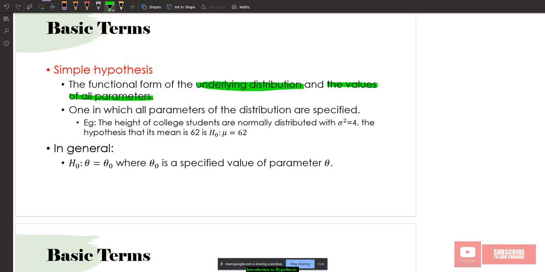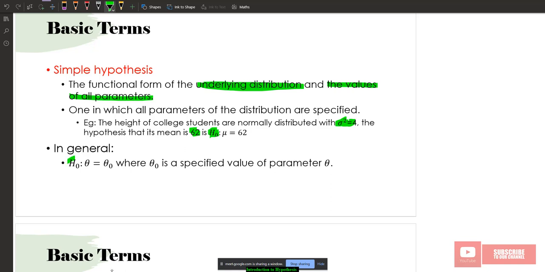For example, this is the symbol for the null hypothesis. Say the variance of height is equal to 4, and the hypothesis for the mean is mean equal to 62. So we already know specifically the variance equal to 4 and the mean 62. This is what we call simple.